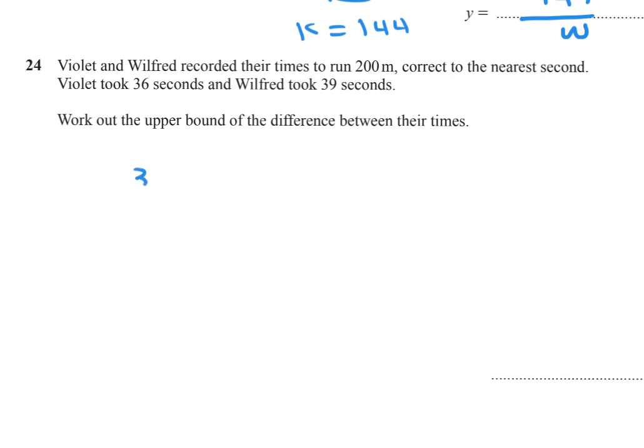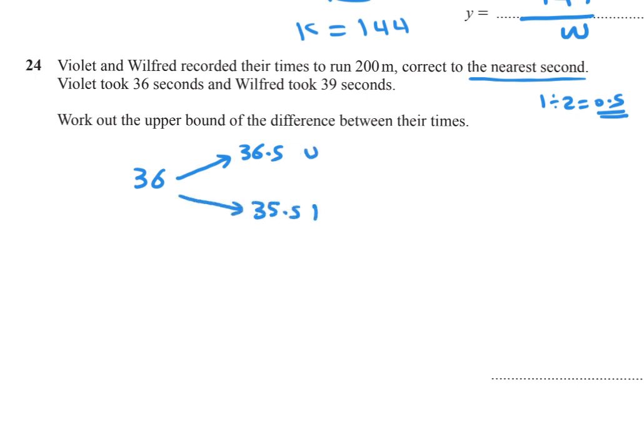For 36 seconds to the nearest second, this means to the nearest 1 divided by 2, 0.5. So to find the upper value, add 0.5. To find the lower, subtract 0.5. So for 36 seconds, the upper is 36.5 and the lower is 35.5.